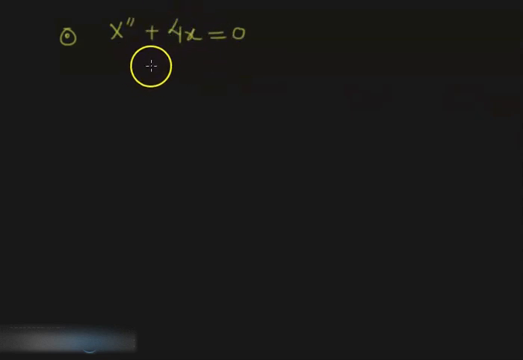What we need to do is define x prime to be equal to, let's say, y. So when x prime is equal to y, then x double prime will be equal to y prime.